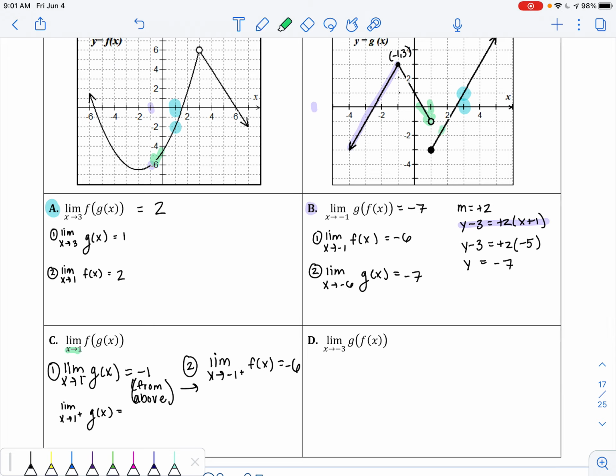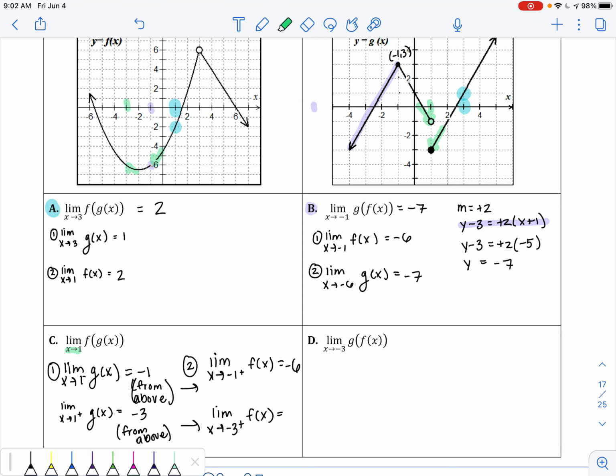And now we're going to do the other side. On my inside function g of x, as I approach 1 from the right, I'm approaching -3 from above. So that means I'm going to take the limit as x approaches -3 from the right for f of x, because we're approaching -3 from the positive direction.